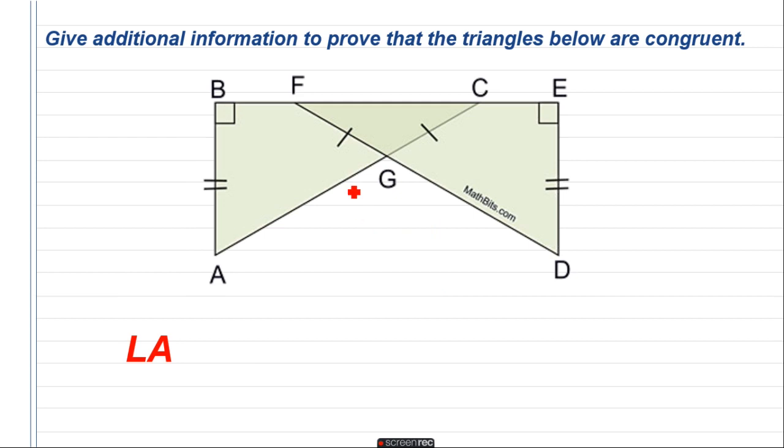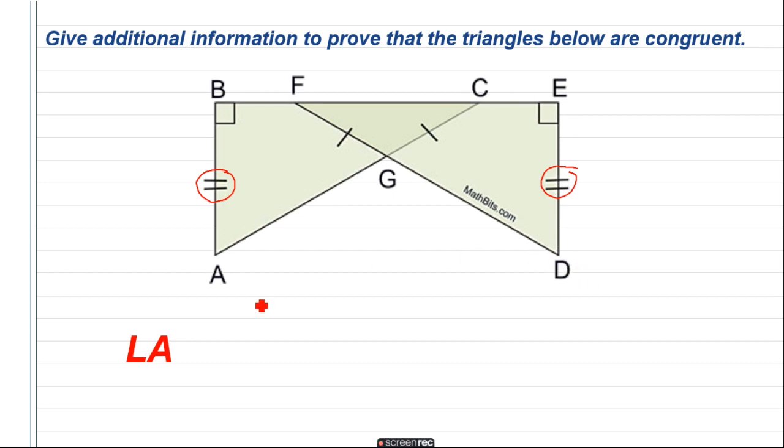Okay, next. We have this figure and we are asked to give the additional information following the LA. So, observe the figure first. We have legs already provided here. This one is the first right triangle, and this one is the other right triangle.